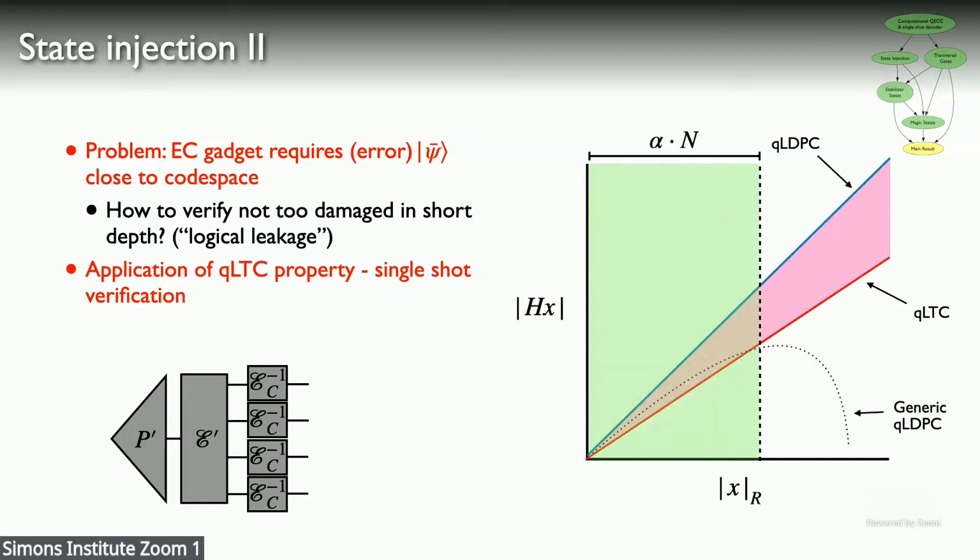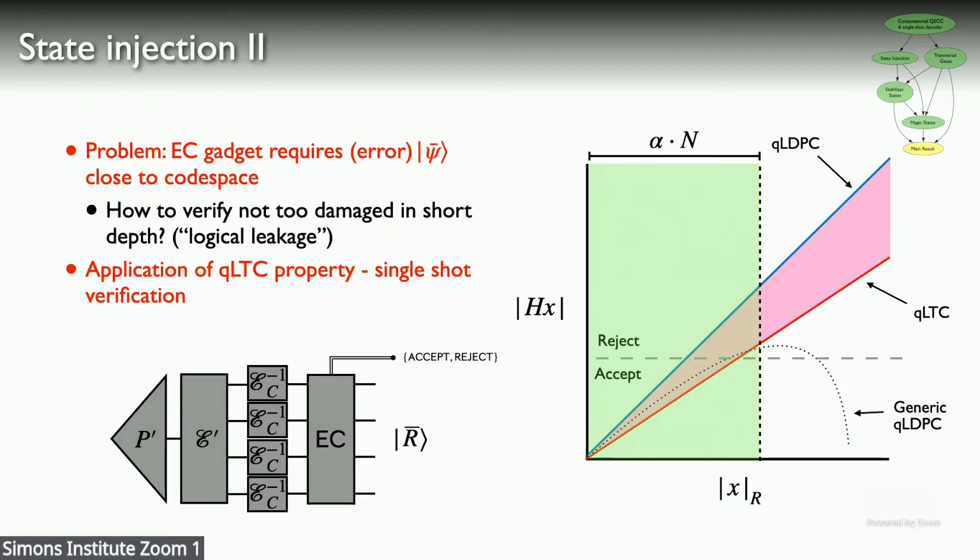And this is where we're going to use the qLTC property. Roughly, we need to guarantee that a state output from this circuit is in this green region, that the error is not too large. The way we're going to do it is we just measure the checks of the code. If the syndrome weight is too large, we reject it, and if it's small enough, we accept. There are going to be some false positives and false negatives.